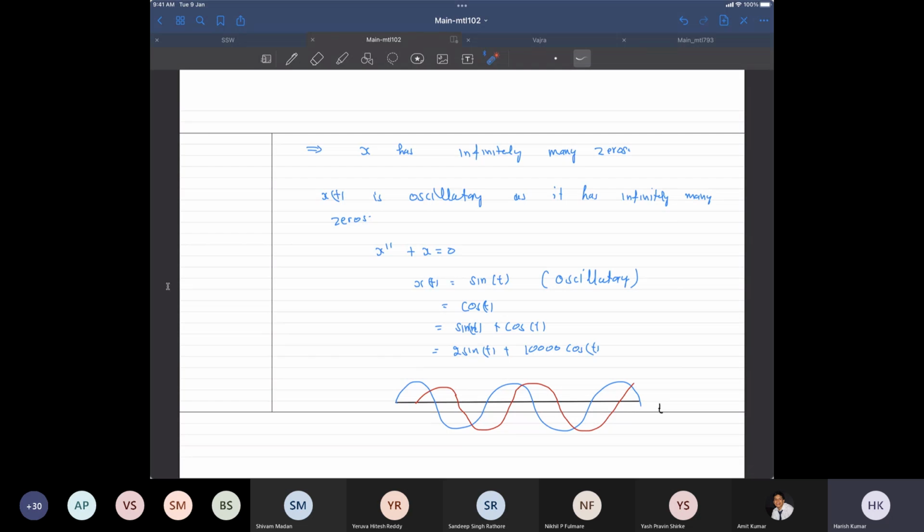Immediately you'll see that between any two zeros of sine t, there is a zero of cos t. Do you agree? What are the zeros of sine? 0, pi, 2 pi, 3 pi, 4 pi, right? What are zeros of cos t?